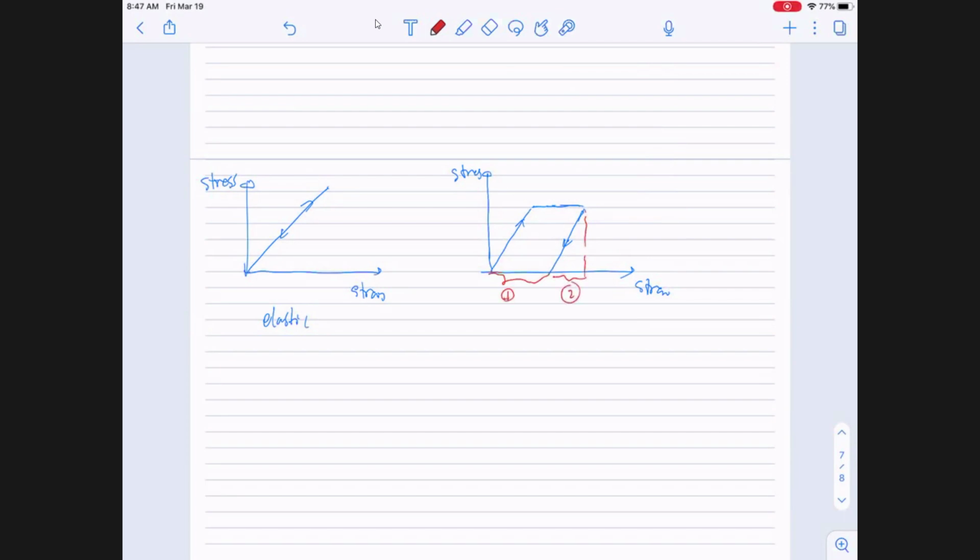May I know which part is elastic? Which part is the plastic part? One, two, the strain. Any comments? I'm asking you about this stress-strain relationship. Finally, we can get the deformation is one and two. So which one is the elastic part, and which one is the plastic part, or plastic deformation?